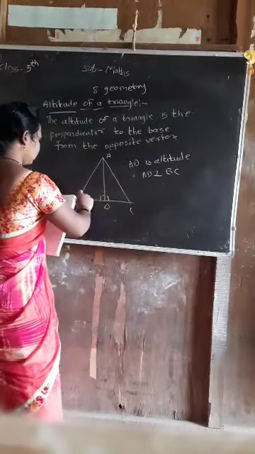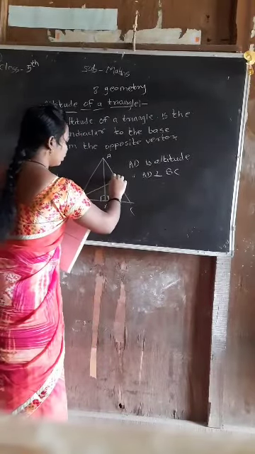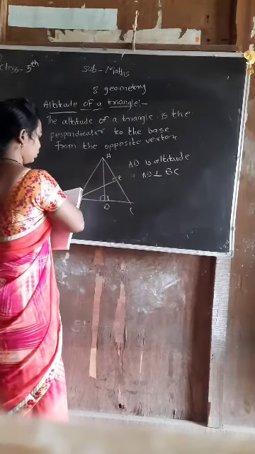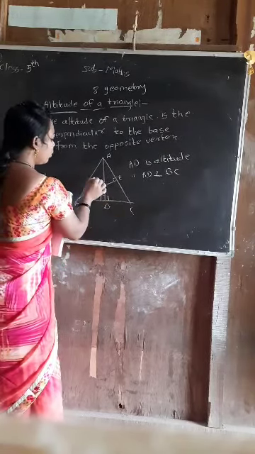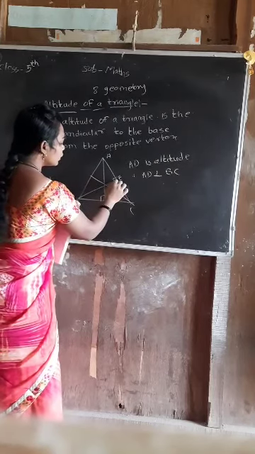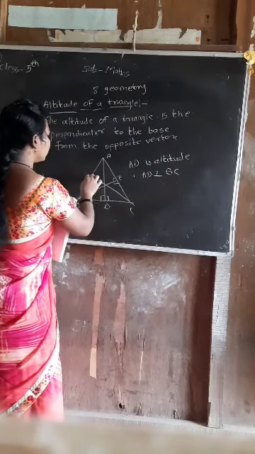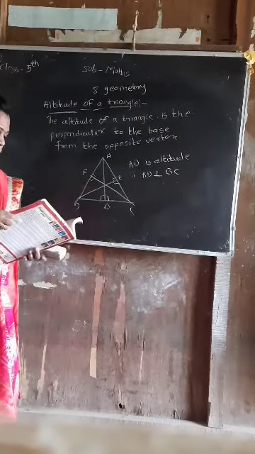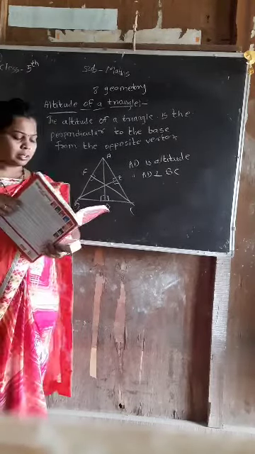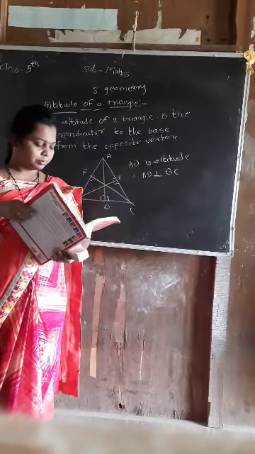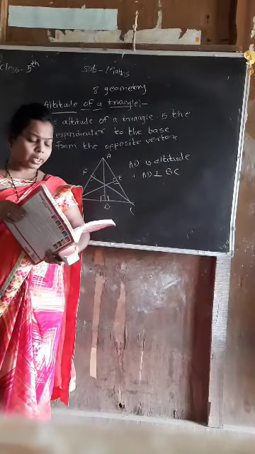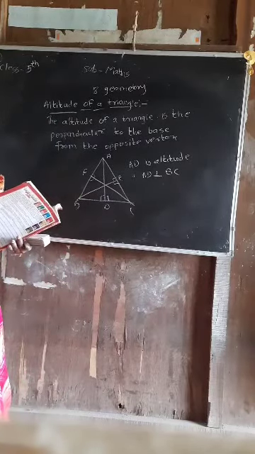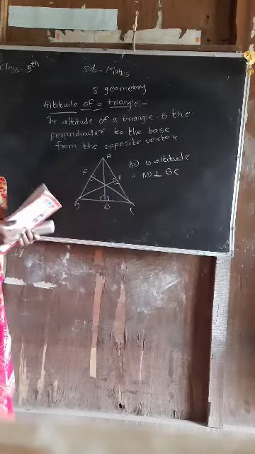All three possible altitudes are drawn. The three altitudes intersect at a single point O. It is called the orthocenter of a triangle.